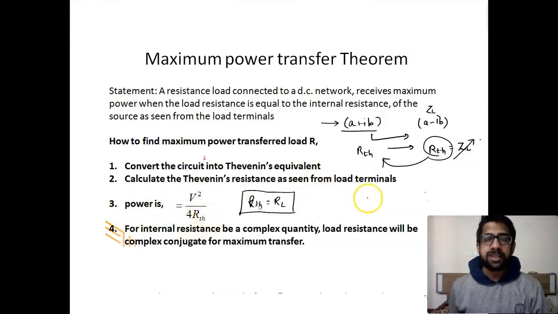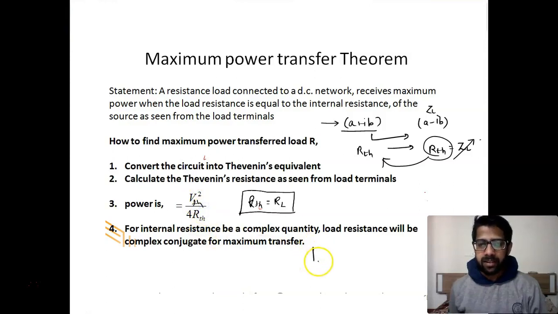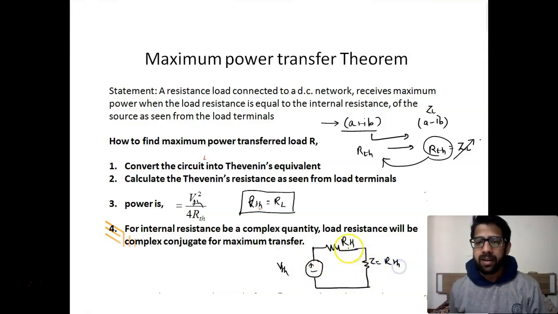Alright. So basically when you have the voltage V, or let us say this is VTH, why this comes out to be VTH square by 4 RTH, I'll explain. So this is VTH, then you have internal resistance RTH, and for maximum power transfer we are choosing our load resistance Z equal to RTH as well. Because these two resistances are the same, the voltage developed across them will be the same.